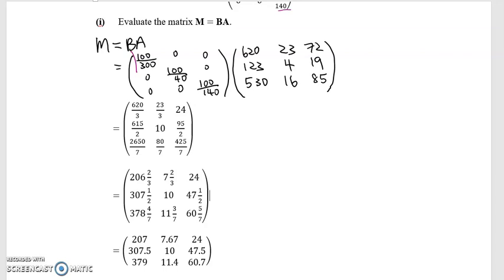The first value here, 207, is the amount of calorie from 100 grams of chicken rice. The next one, 7.67, is the amount of fats from 100 grams of chicken rice. And 24 is the amount of carbohydrate from 100 grams of chicken rice.